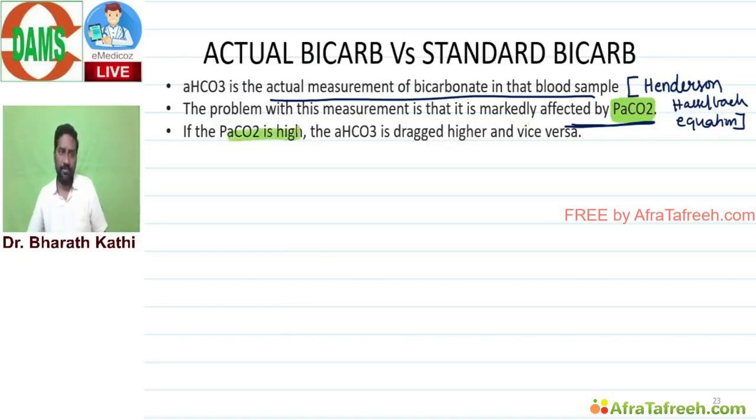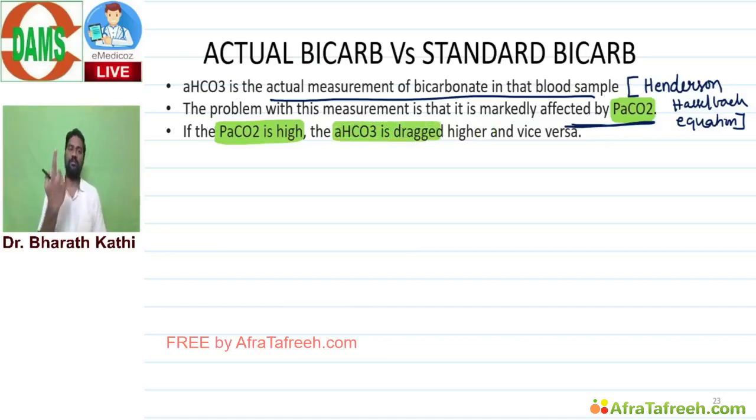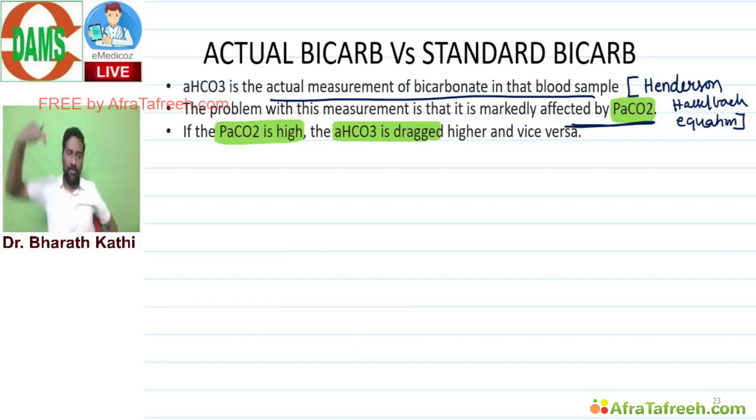If the PaCO2 is high, the actual bicarbonate can be dragged higher and vice versa. So whenever there is increased CO2 in your body, because of compensatory phenomena, bicarbonate can also increase. Whenever there is decreased CO2 in your body, because of compensatory phenomena, bicarbonate also decreases.